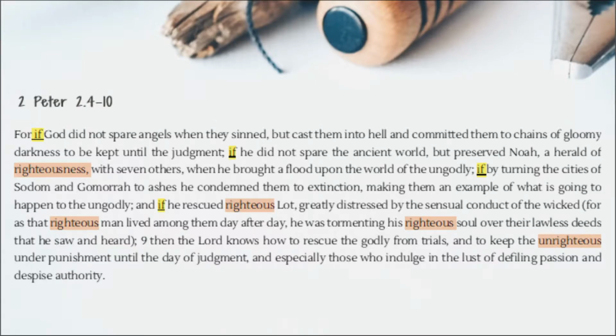Right? Righteousness, righteous, unrighteous. If. Yep. This is a cool scripture too. About the Lord being able to know how to rescue his own out of tribulation. That's good. That's good news.